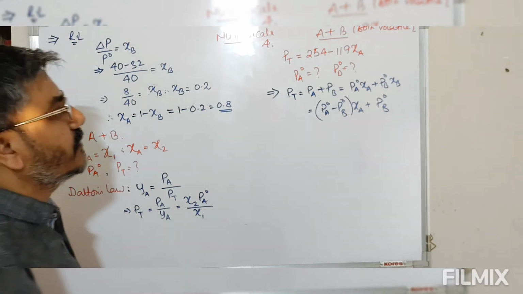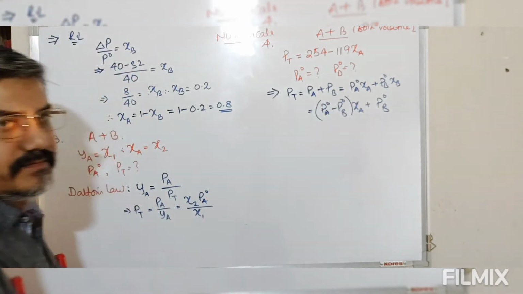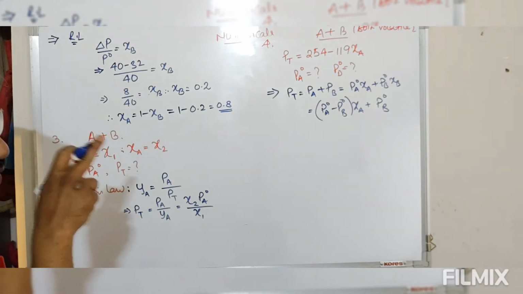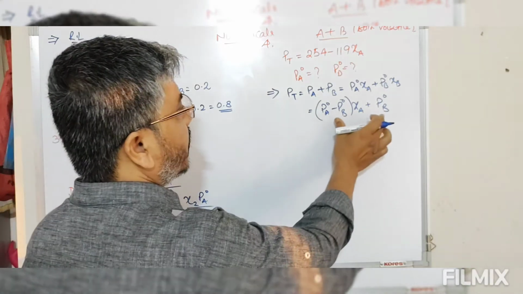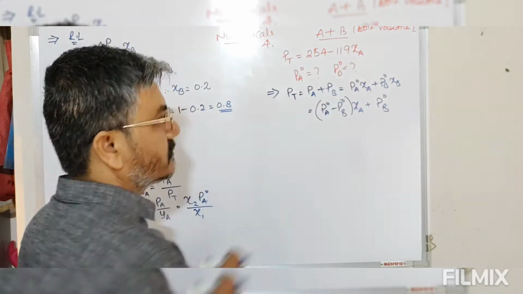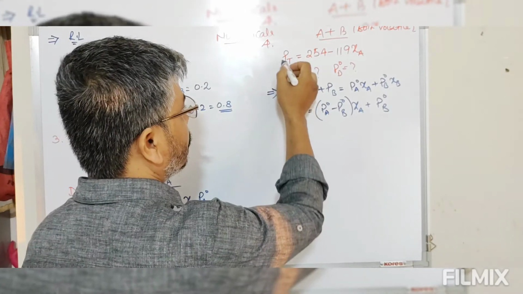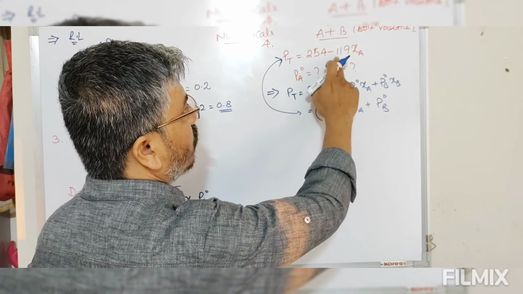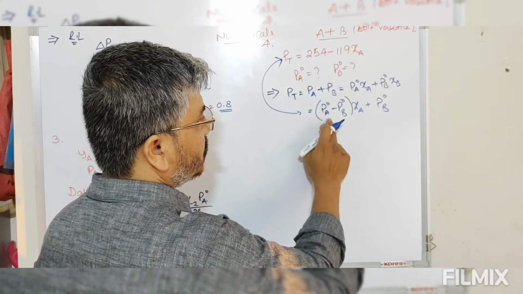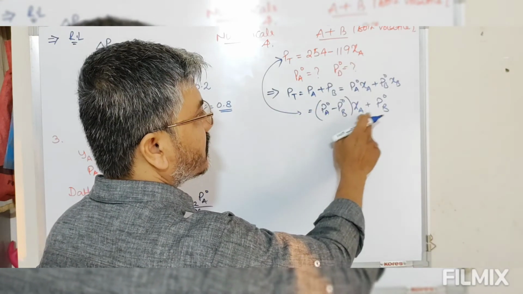Now look at this, we have to compare. This is the total pressure expressed in terms of the mole fraction of A. Comparing these two, this is 119 XA, so this is (PA naught minus PB naught) times XA.